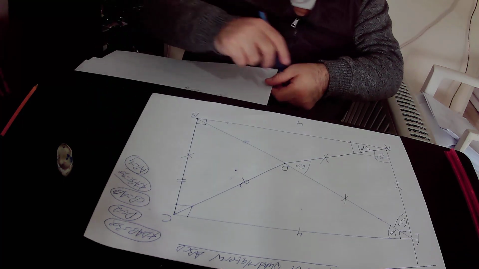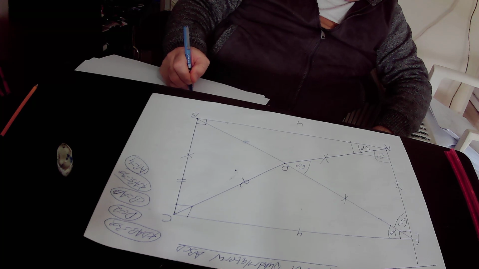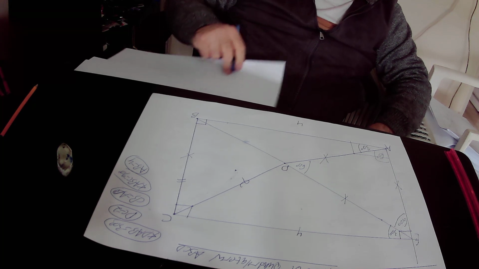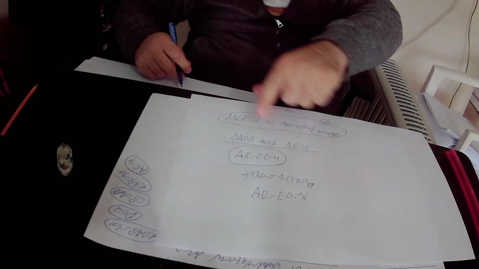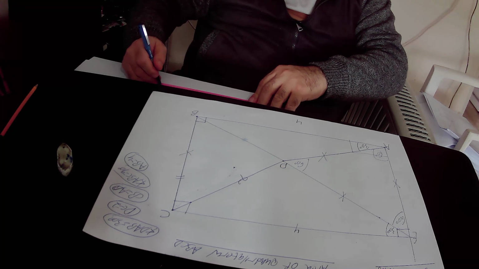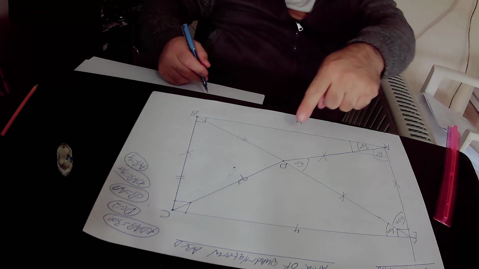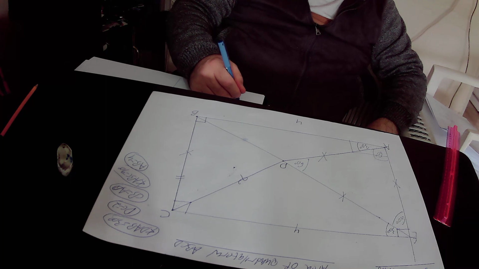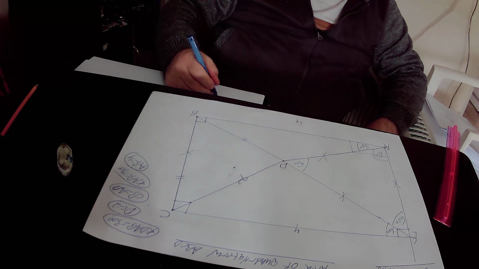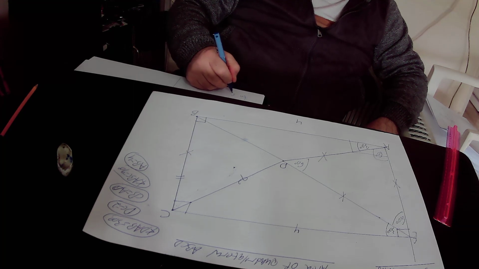And AD equals ED equals x. So we actually proved that this triangle ADB can go into this triangle EDC according to the side angle side rule.